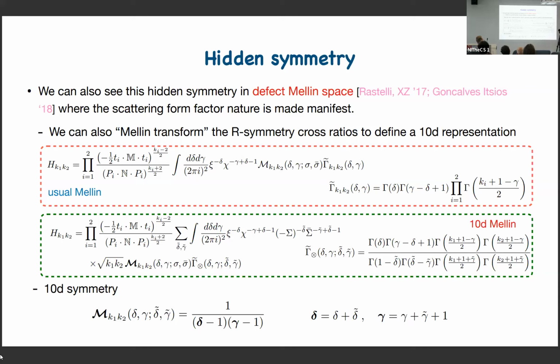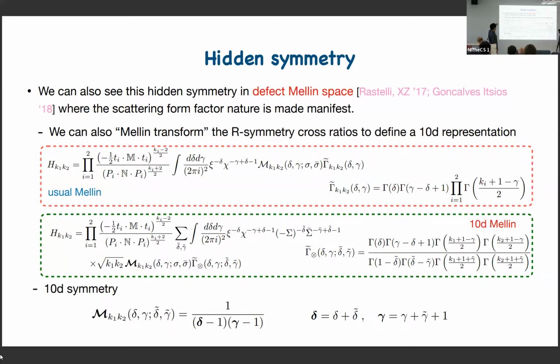Here, let me very quickly mention there's a different way to see this hidden symmetry. Yesterday we talked about this Mellin space as a momentum space for AdS, and here you can also extend it to include defects. The extension takes the following form. You consider the dual variables of these defect cross ratios, delta and gamma. They're the defect, the one-to-one scattering Mandelstam variables.